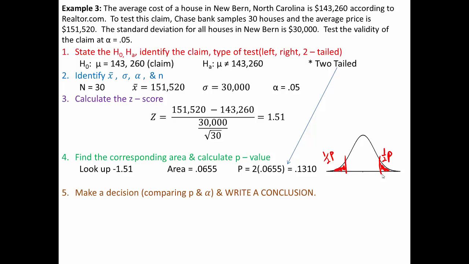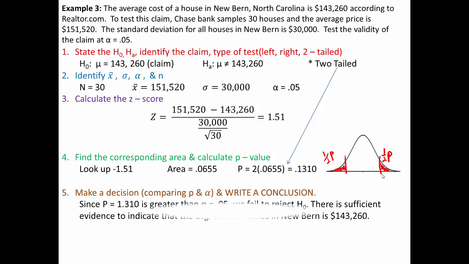So P is 0.1310, which is bigger than 0.05. Is that a reject or a fail to reject? Okay, so that is a fail to reject H sub 0, or the null hypothesis. So that means we don't reject the 143,260 claim.